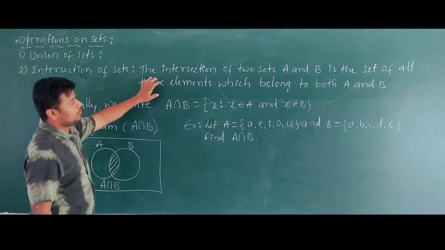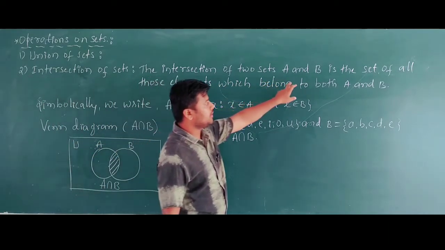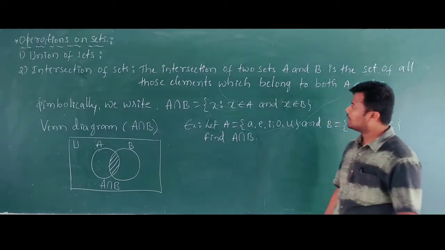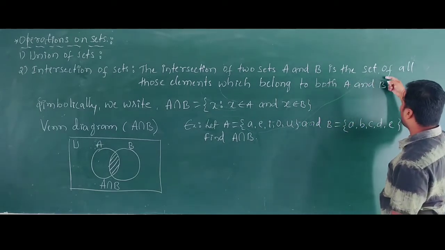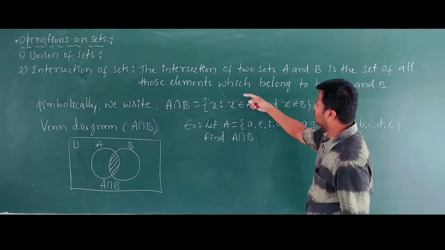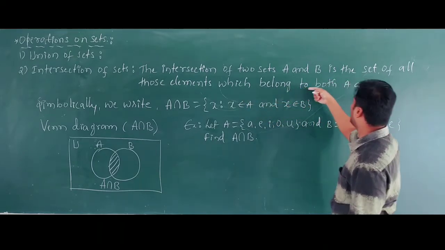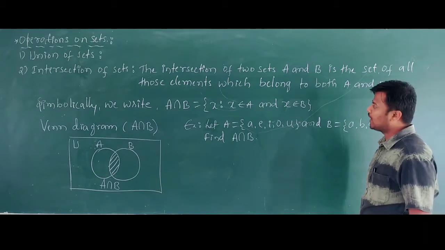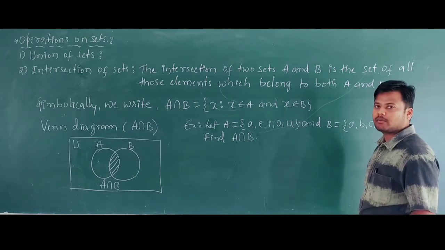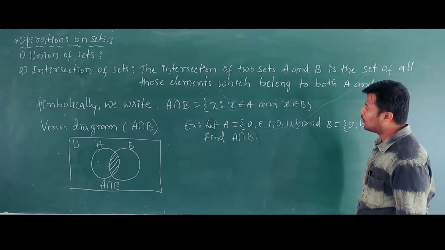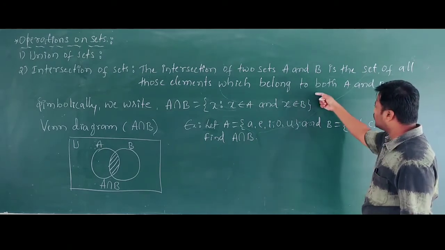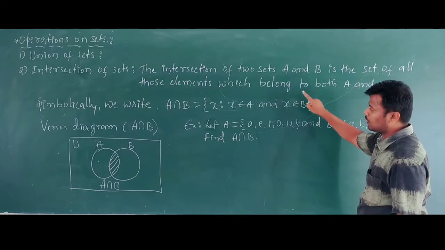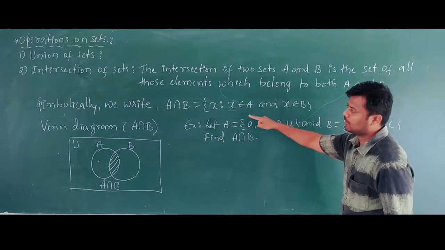The intersection of two sets A and B is the set of all those elements which belong to both A and B. What elements are in the intersection? Those elements which belong to both A and B. Only elements common to both, we write in the intersection.